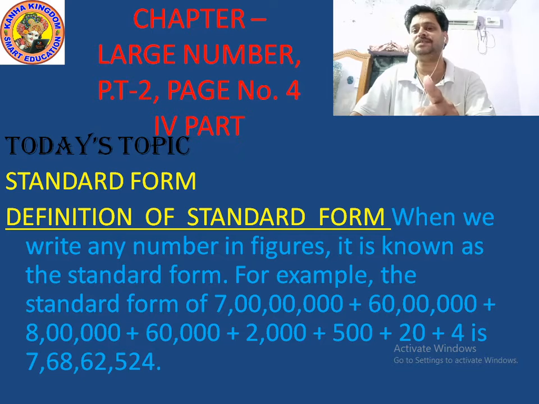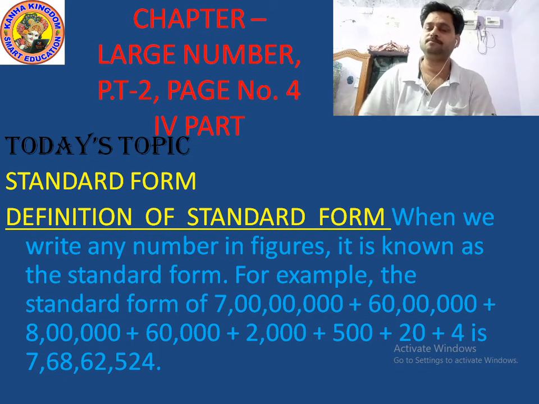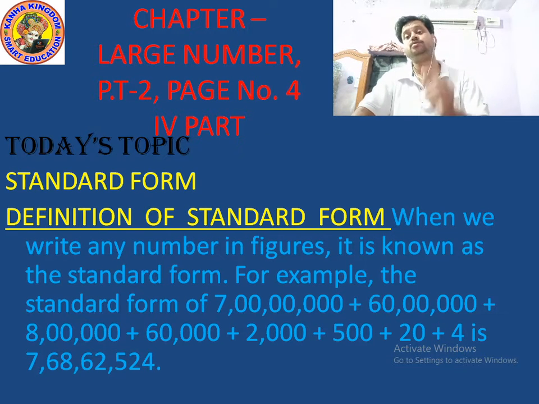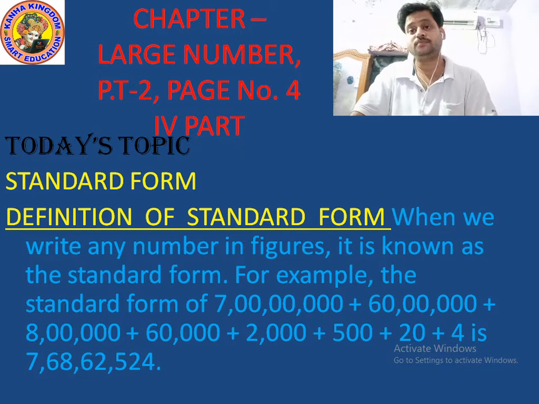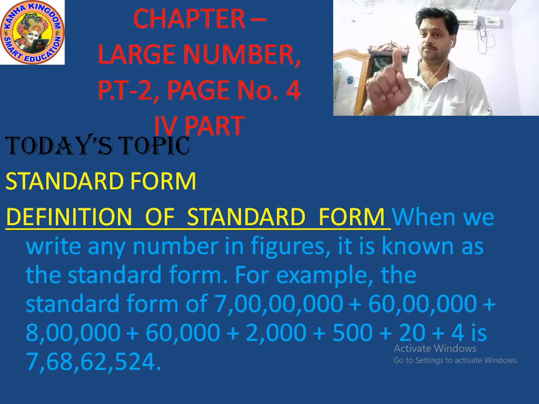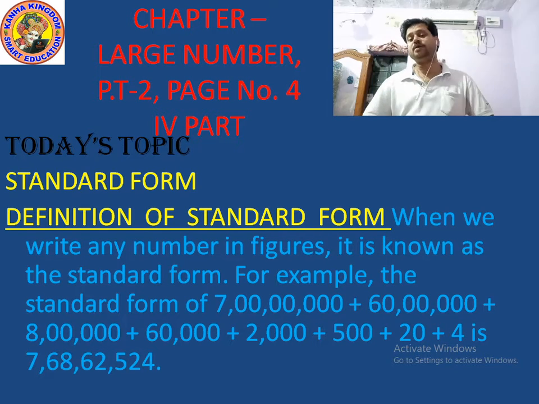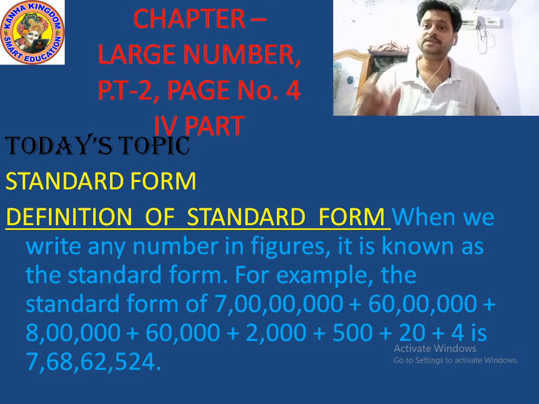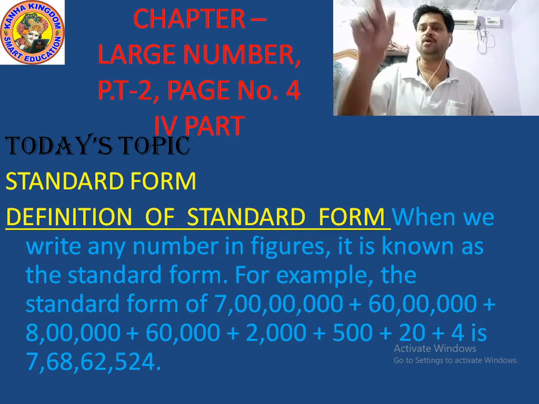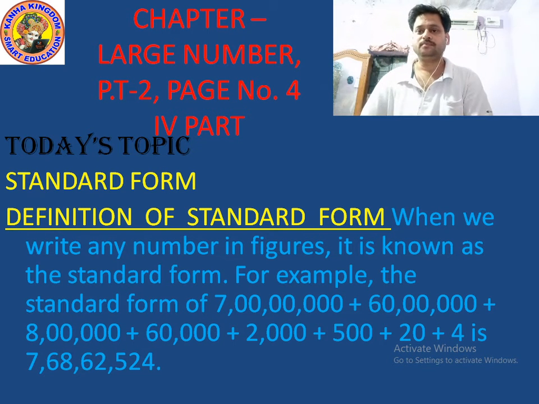And how many digits after 1 comma? 2 digits, means 60,000 plus 2,000. Here is also 1 comma only. And how many digits after 1 comma? 1 digit. In 1 comma how many periods? 2 periods, and the second period is thousands period. So this is 2,000, means 60,000 plus 2,000 is 62,000.